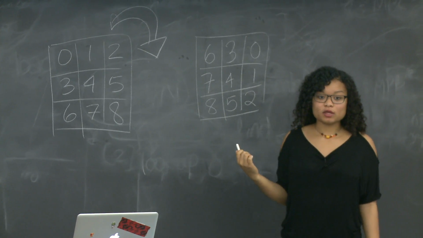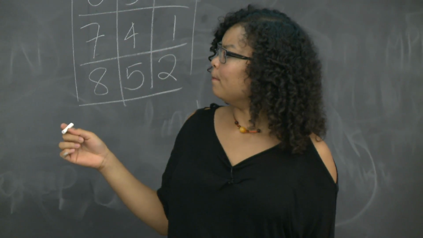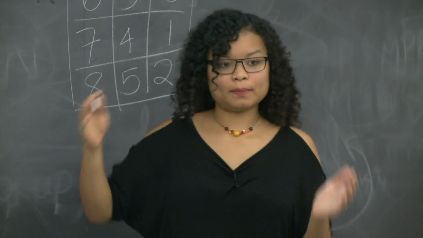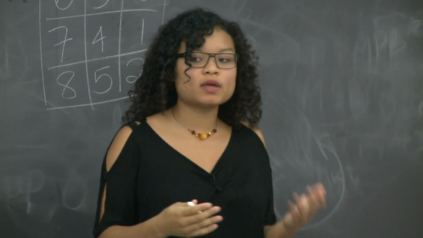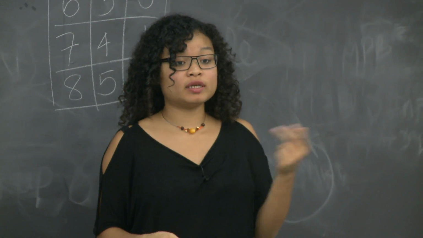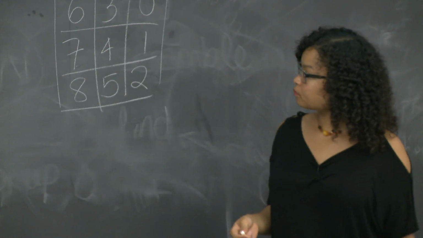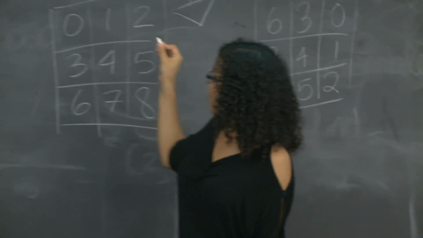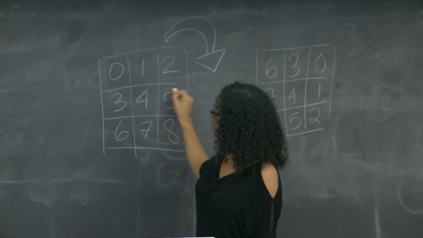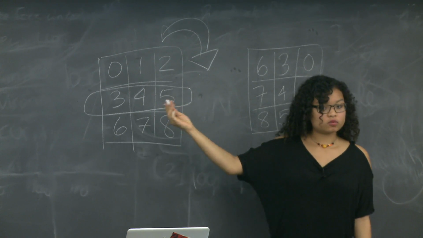So when you're implementing the scramble function, what you want to do is see, okay, how can I replace these values? Is there some kind of pattern or formula to determine where a particular index goes? For instance, I might see that 3, 4, 5 here is a row.